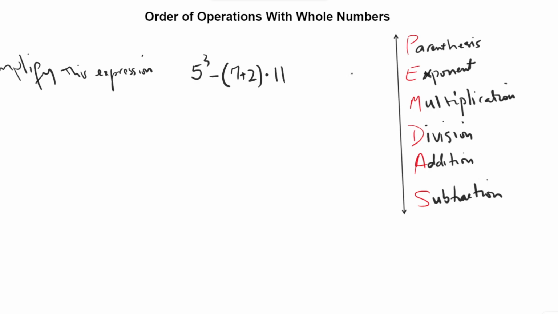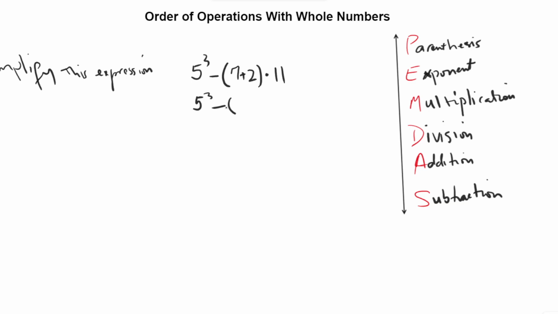All right, once you know this mnemonic, we can take care of this expression. What this rule says is the first thing we need to do is the parentheses. That's what we're going to do first. We're going to do this step by step.